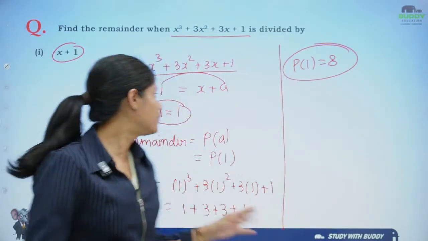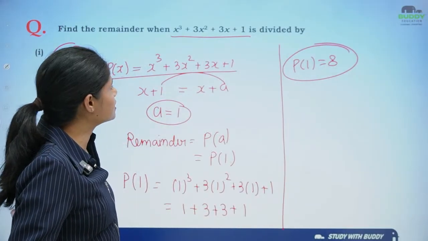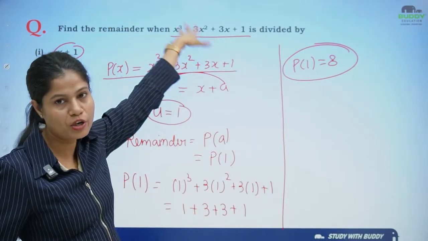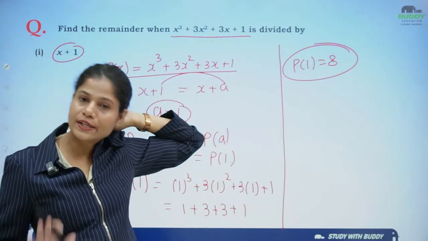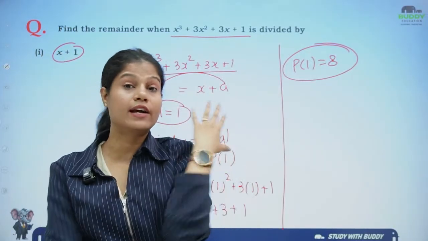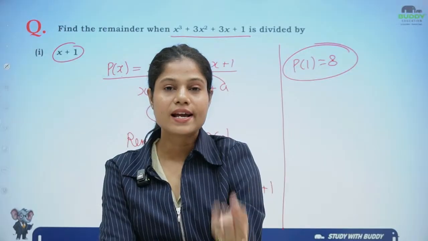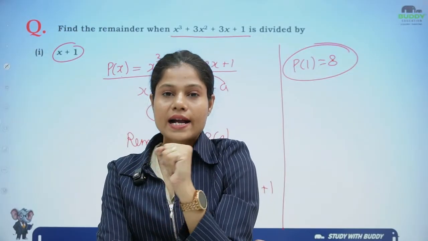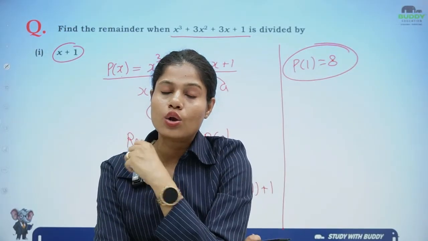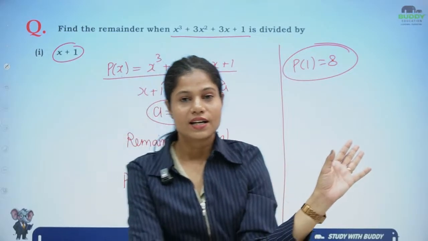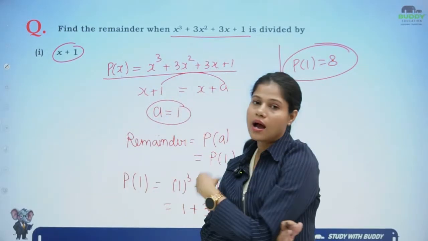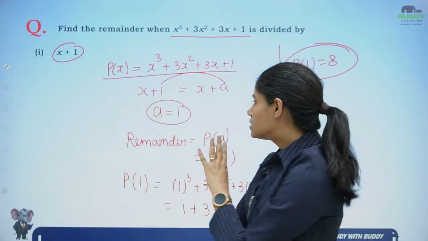Else, if you start dividing this polynomial by x plus 1, you can do it, but it will take a lot of time, right? So the remainder theorem actually saves us a lot of time. So this is how we can apply the remainder theorem on this kind of question.